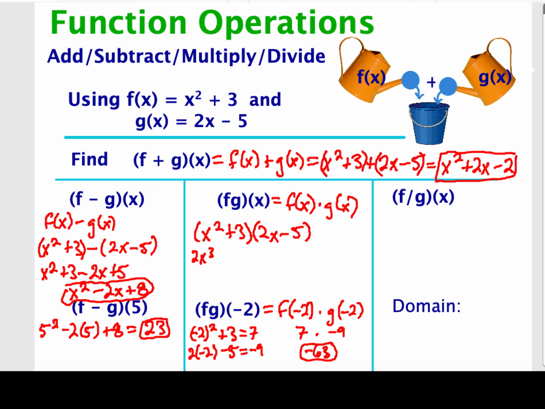We've got an x squared times negative 5 is minus 5x squared, plus a 3 times 2x is going to be 6x, and then a 3 times negative 5 would be negative 15. So again, we get a much larger, 4-term polynomial essentially going on down there.